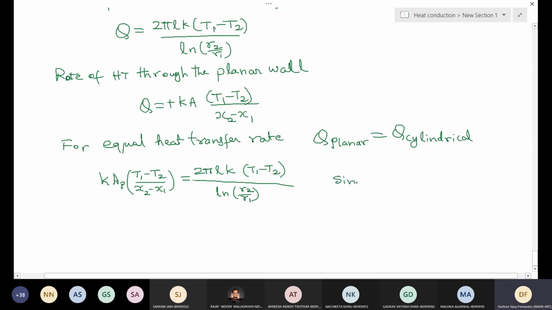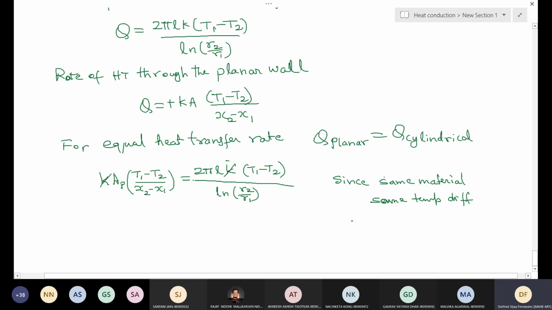Since the temperature difference is same and material is same, you can cancel the k values, k on the right hand side and left hand side. Same temperature difference, so T1 minus T2 here and here will cancel out.